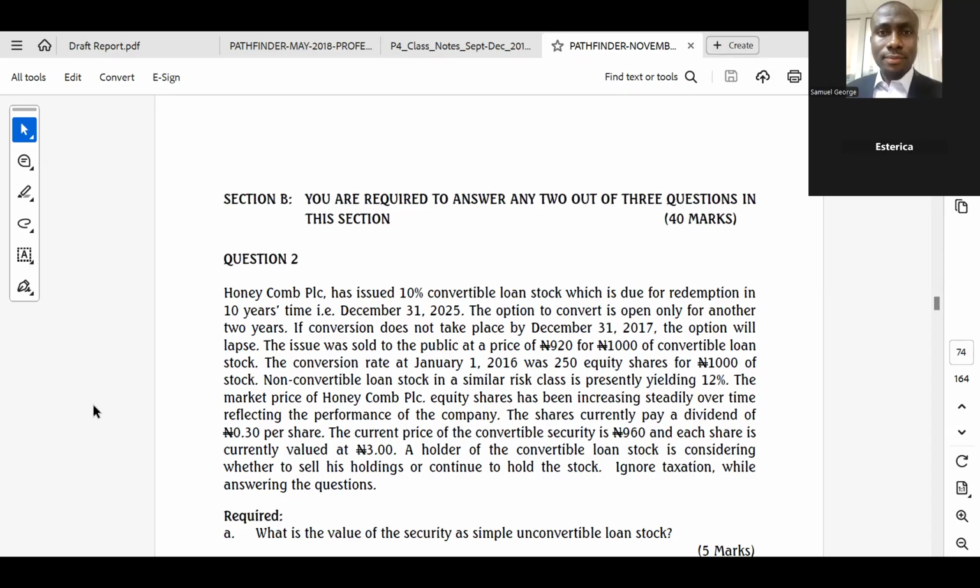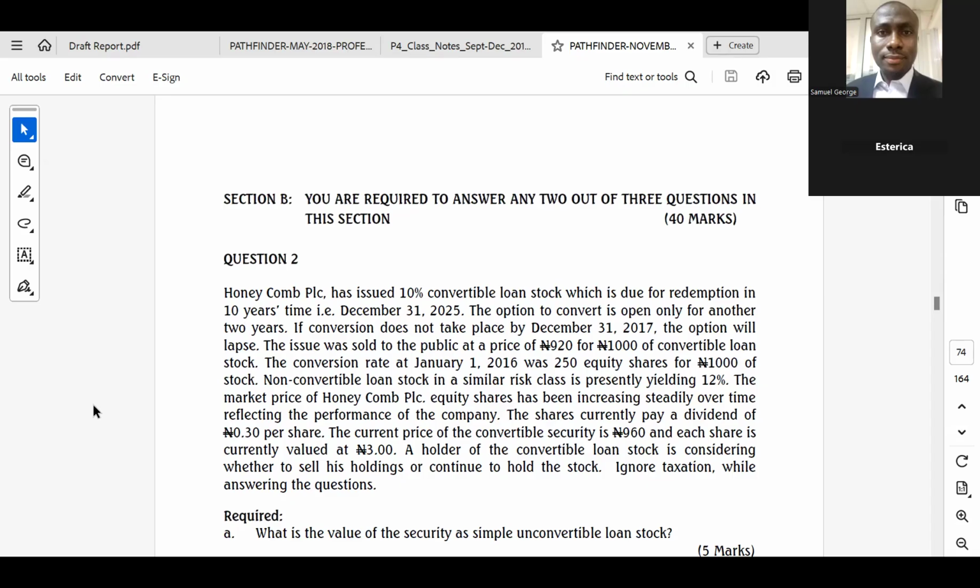The issue was sold to the public at a price of 920 naira for 1,000 of convertible loan stock. The conversion rate at January 1, 2016 was 250 equity shares for 1,000 stock. So that is our big R, the conversion ratio.